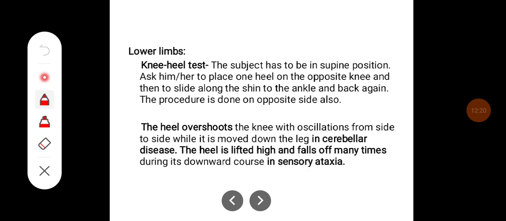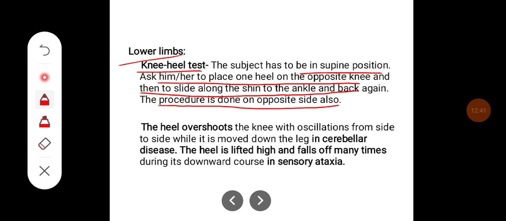In lower limbs, you must perform the heel-knee test or knee-heel test. The subject has to be in supine position. Ask him to place one heel on the opposite knee and then to slide along the shin to the ankle and back again. The procedure is done also on the opposite side.